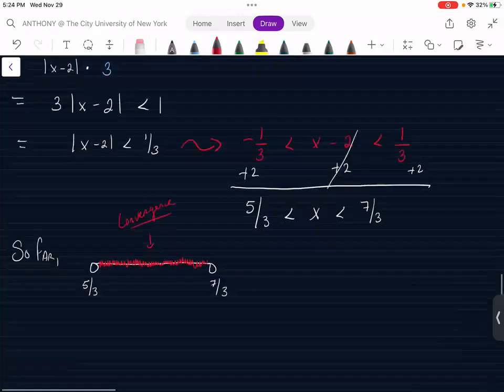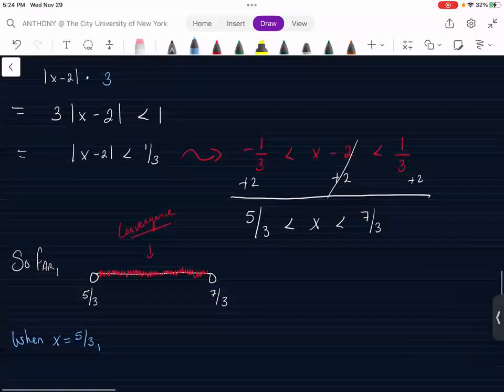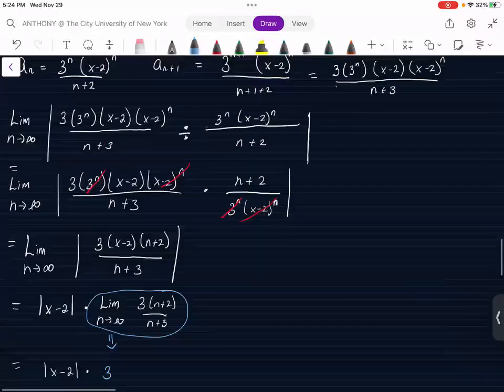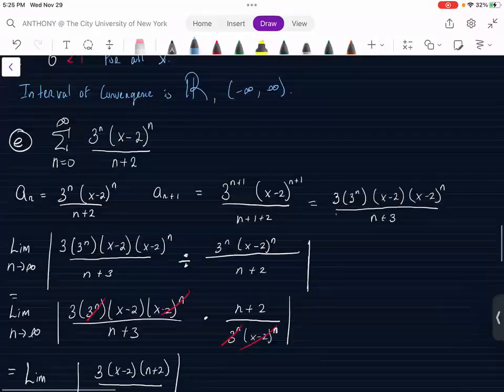Okay, so we say when x is equal to 5/3, let's look back at our series. It was originally defined as the sum from n equals 0 to infinity of 3^n times (x minus 2)^n over n plus 2.